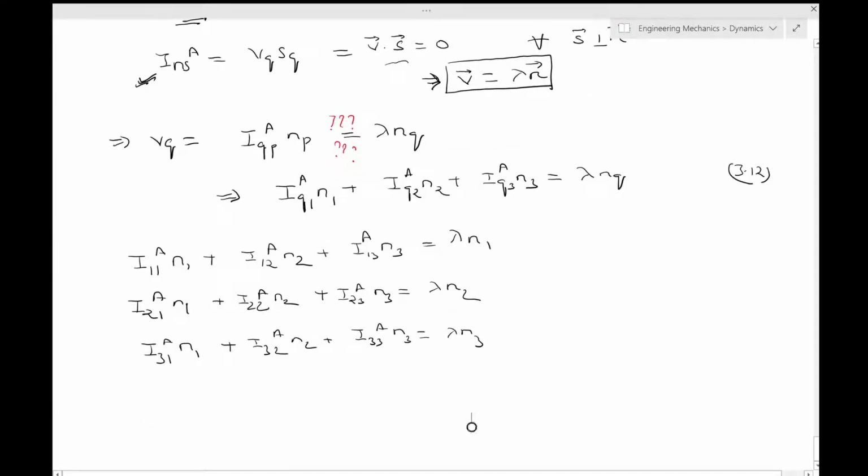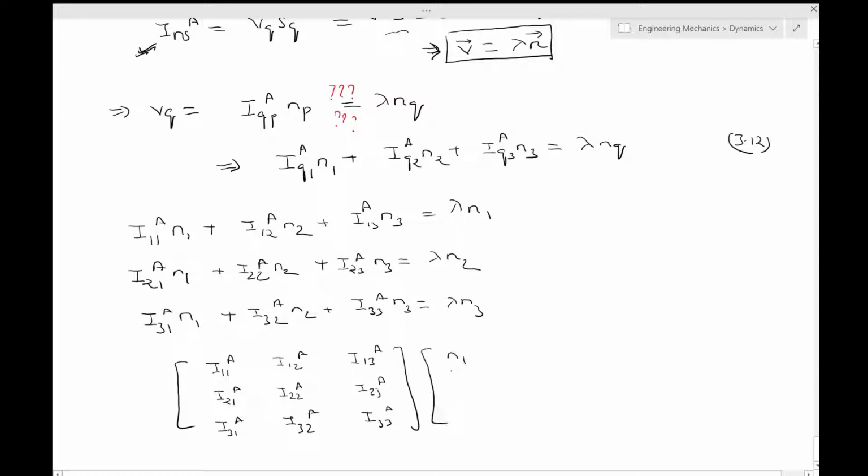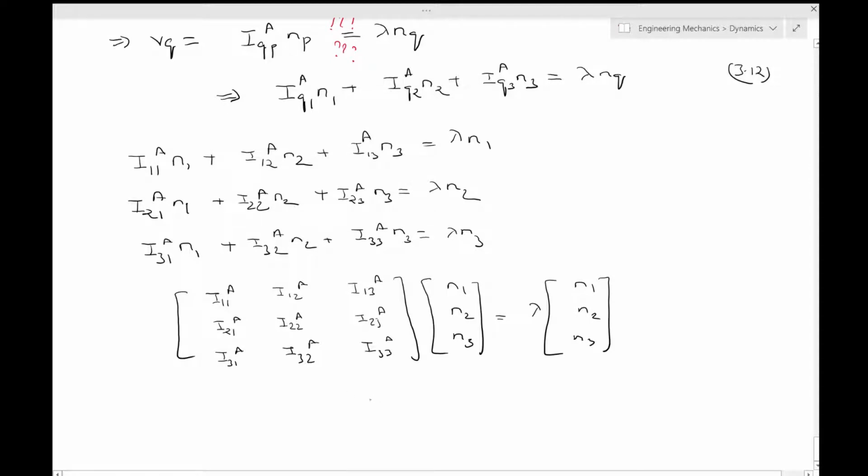Now this system of linear equations can be written in matrix form as the matrix with rows I_11, I_12, I_13, I_21, I_22, I_23, I_31, I_32, I_33 at A, times n_1, n_2, n_3, equal to lambda times n_1, n_2, n_3. This also means that you can write it like this.